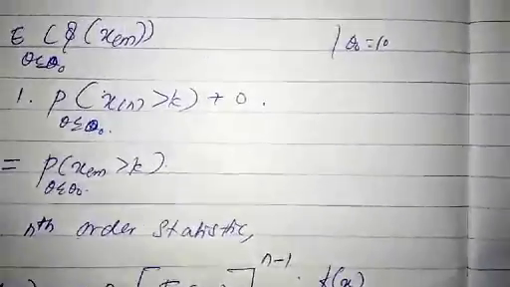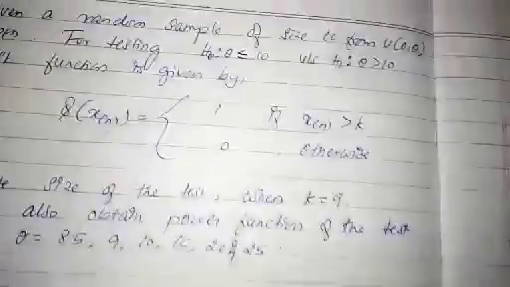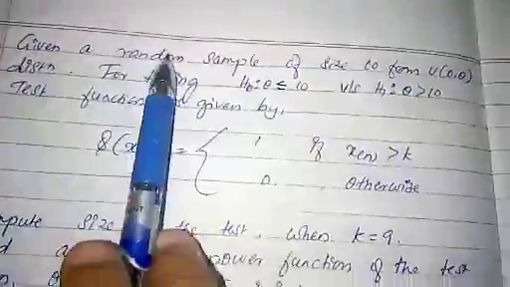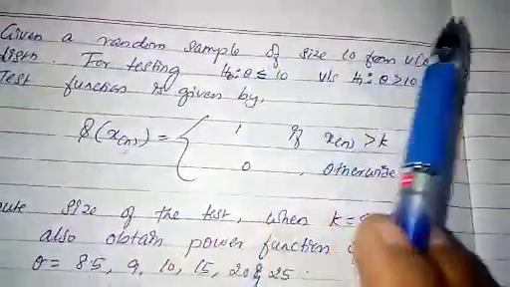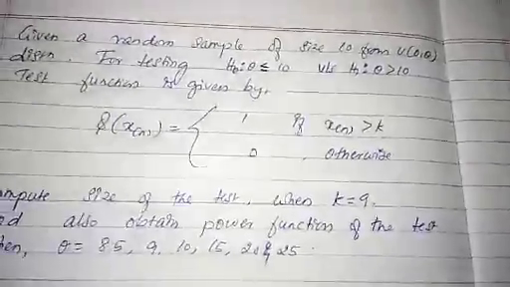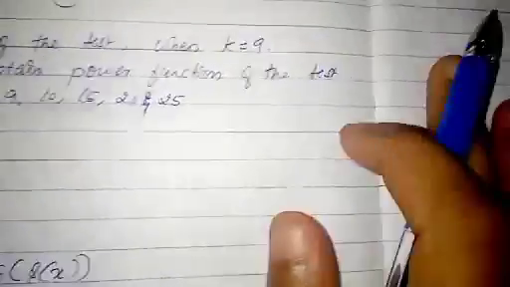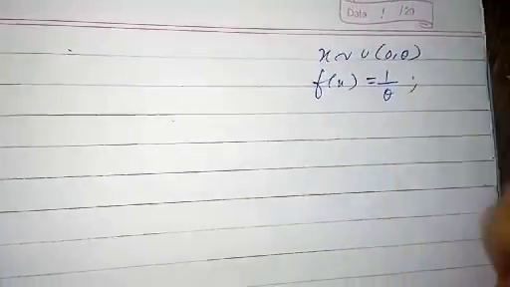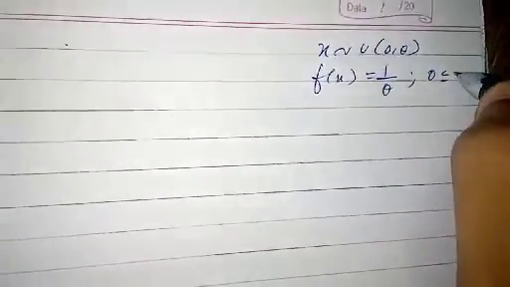So in this problem, X follows which distribution? Here it is given, right? A random sample of size 10 from uniform 0, theta distribution, right? So if X follows uniform 0, theta distribution, then what is f of x? It is 1 by theta, that is for 0 less than or equal to x less than or equal to theta.